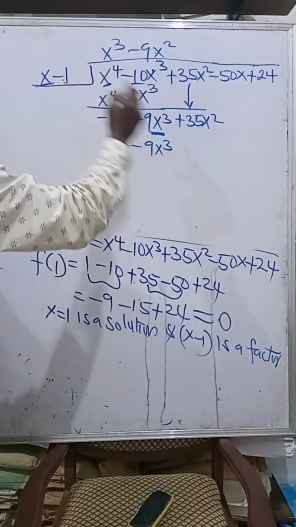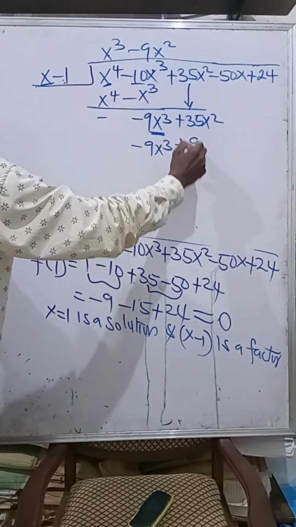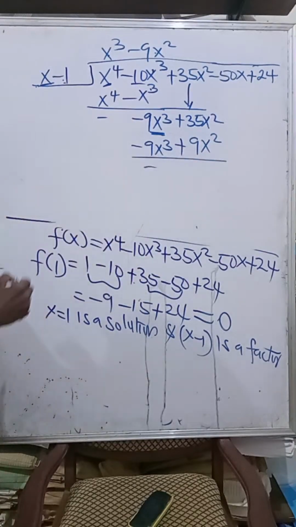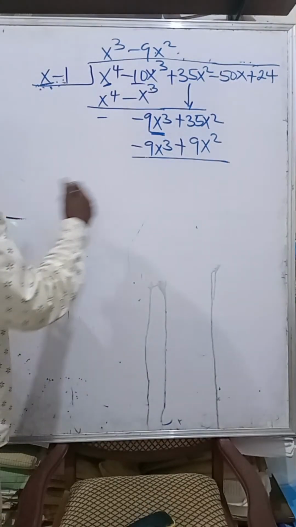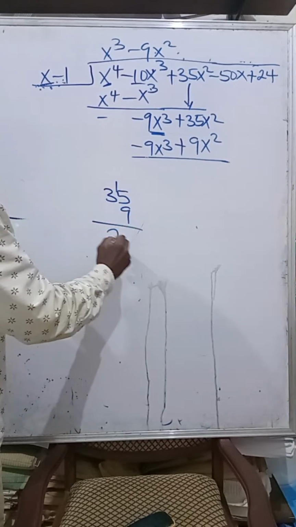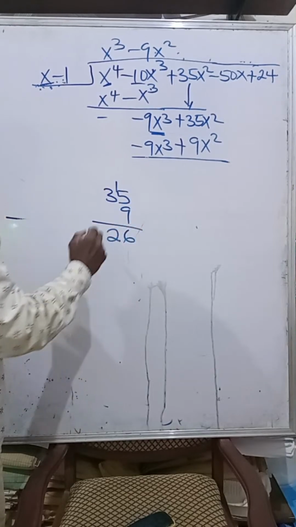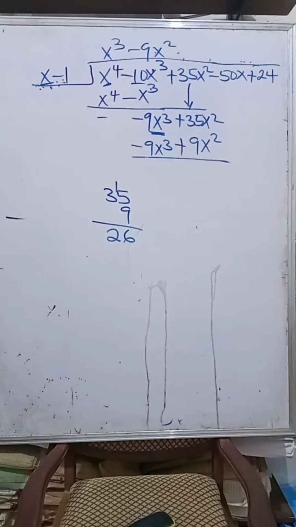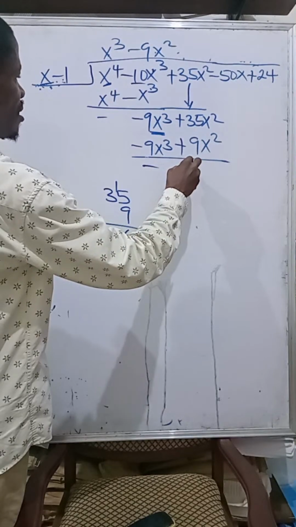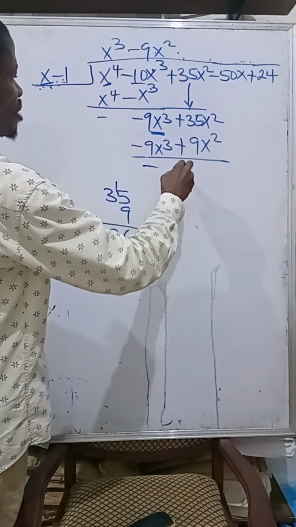This one times this one, that's a plus 9x squared. Then do your subtraction. This cancels. 35 minus of minus 9 will give us 26. So that's plus 26x squared.